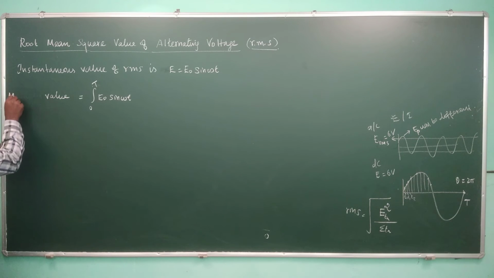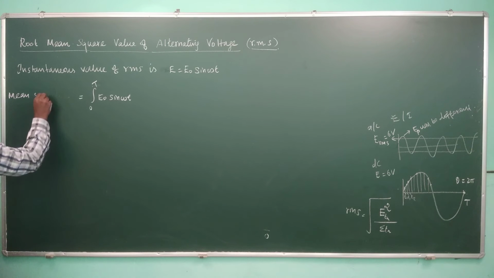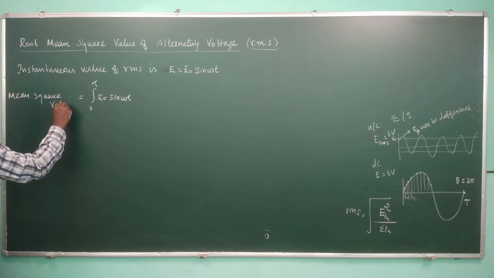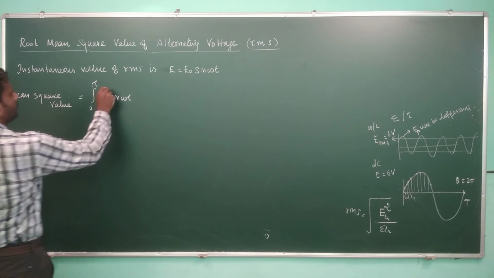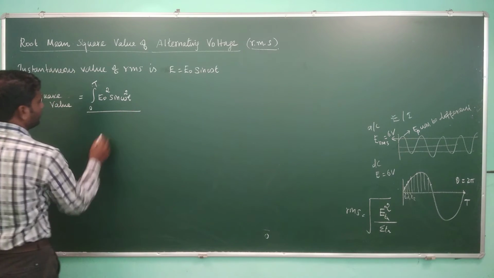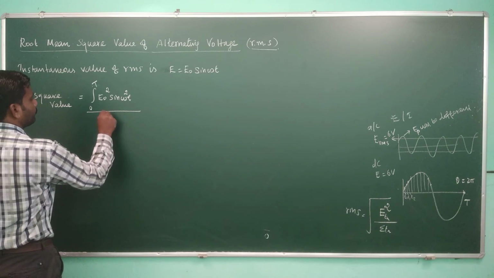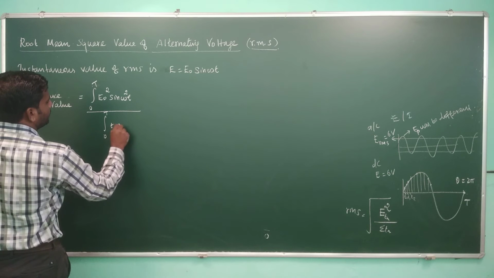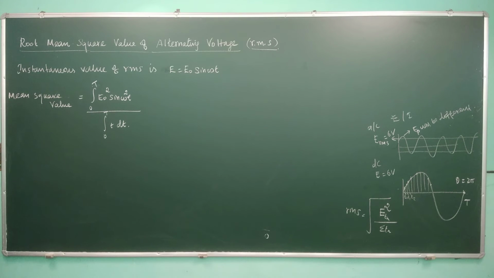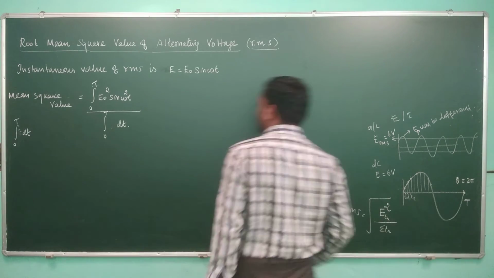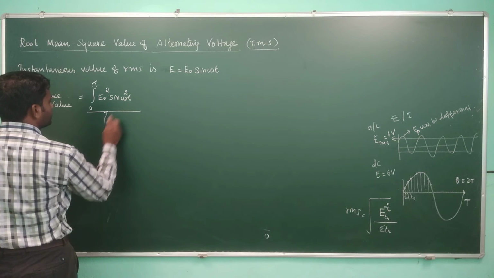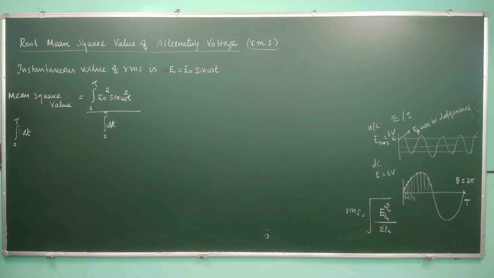Sorry, not the mean value. If you want the mean square value, you have to take the square of the thing divided by, you have to integrate it over dt. Now the integral of 0 to T dt: every instantaneous time is dt, and you have to integrate this dt over the entire period.